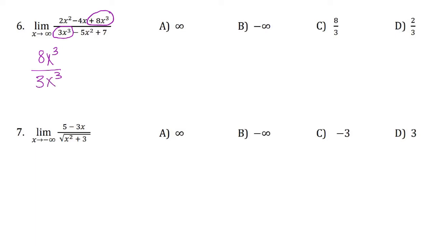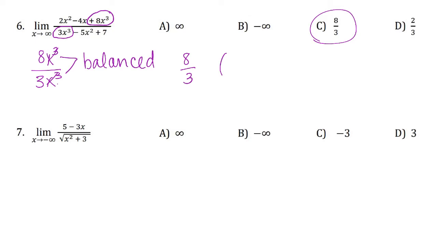And so this is going to be a power struggle here, but notice these two exponents are the same, so this is a balanced power struggle, so they're going to cancel each other out. And when they do, notice that my limit is going to be 8/3, which is C. And by the way, just keep in mind that that implies also that you have a horizontal asymptote at y equals 8/3. Those things all mean the same.